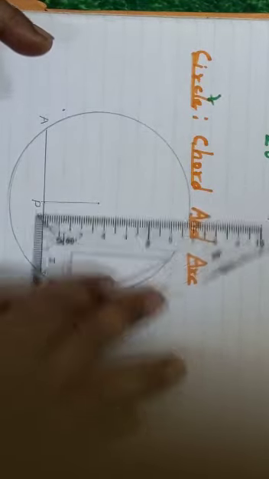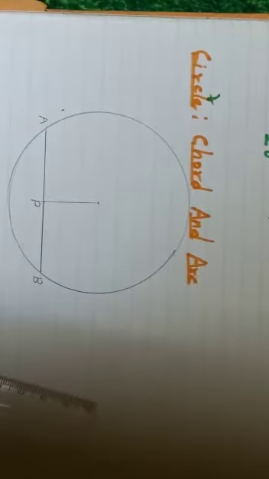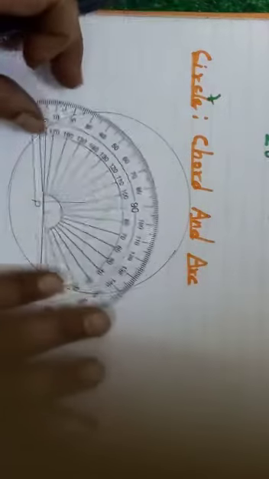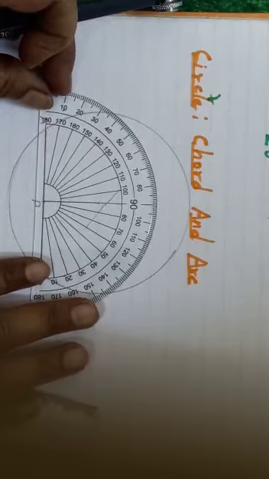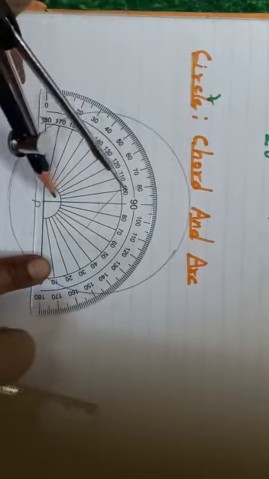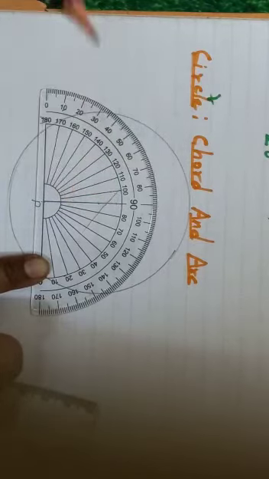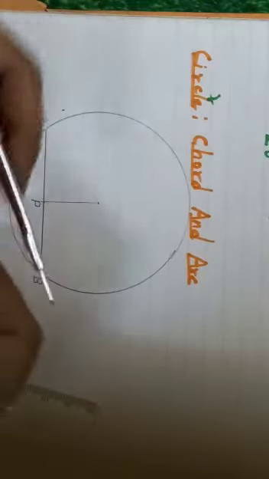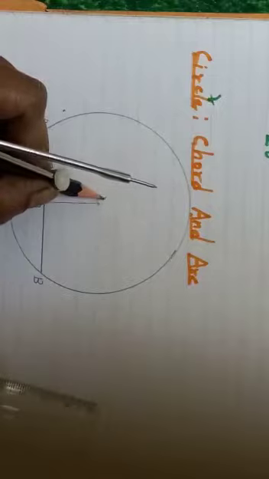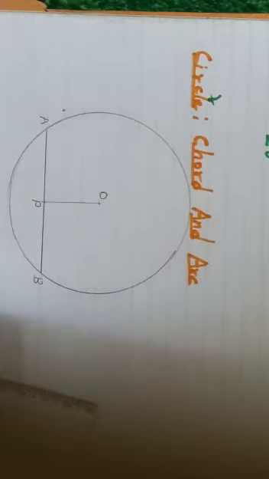Correct? Then with the help of protractor also you can check. See how accurate it is. See, 90 degree. Right?